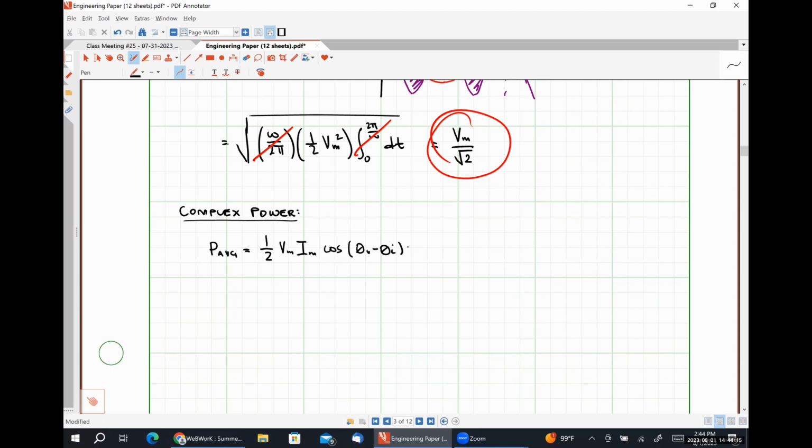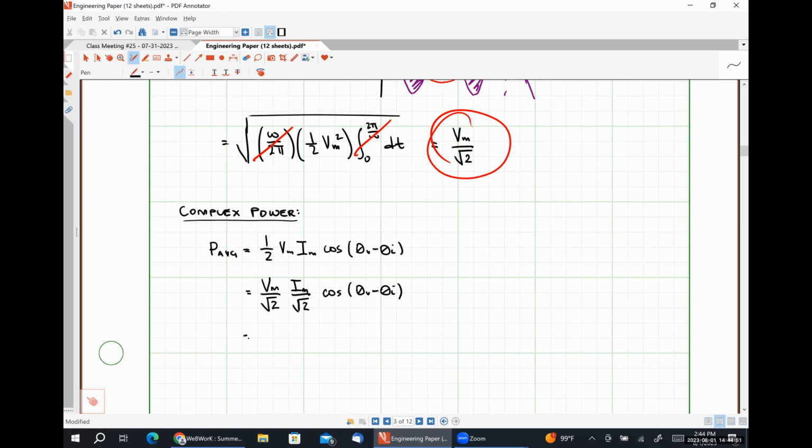This was the equation that we came up with for average power yesterday for a generic network. What I'm going to do is split up that factor of 1/2, okay? So I could call it Vm over the square root of 2 times Im over the square root of 2 times the cosine of theta V minus theta I.